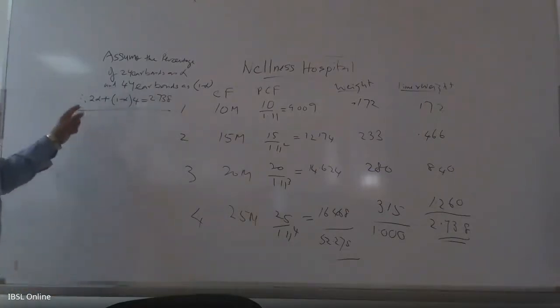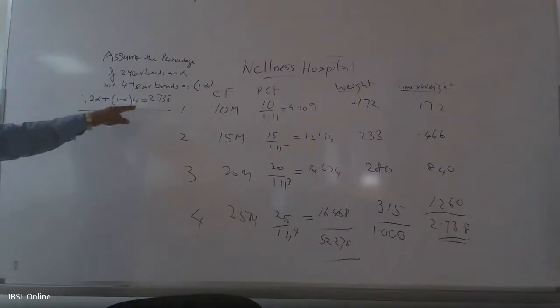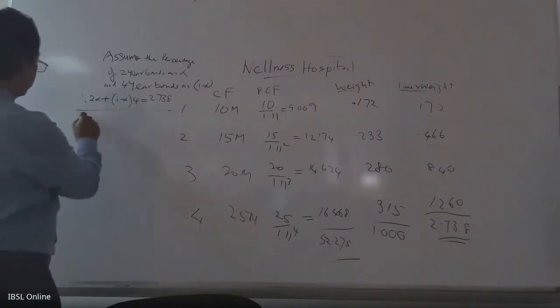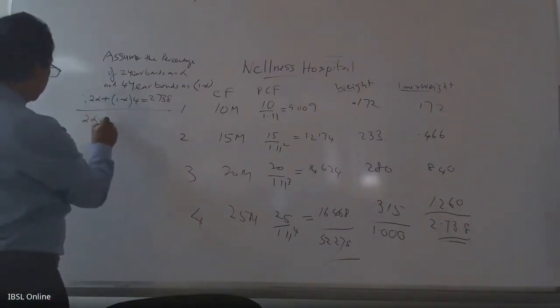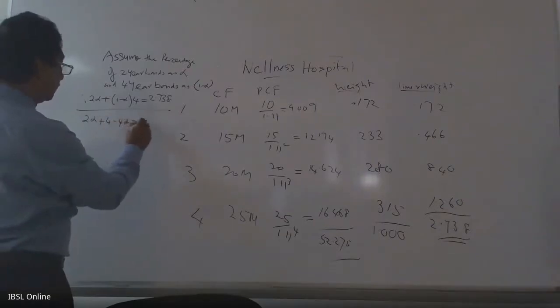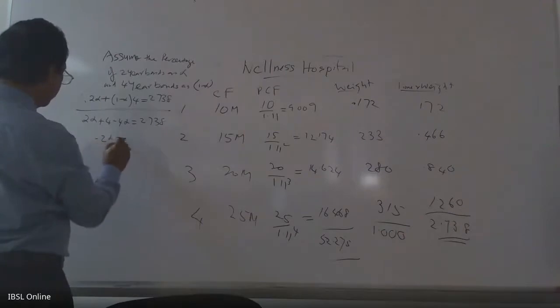So this equation has to be solved and you calculate the alpha. There you get 2 alpha plus 4 minus 4 alpha is equal to 2.738. So therefore, minus 2 alpha is equal to 2.738 minus 4.